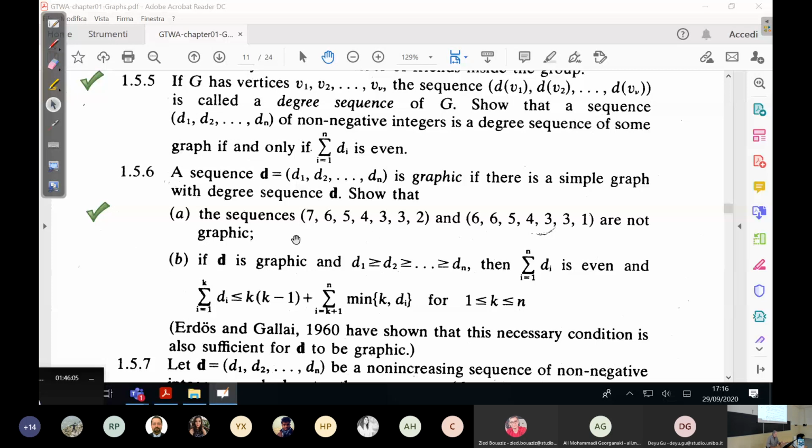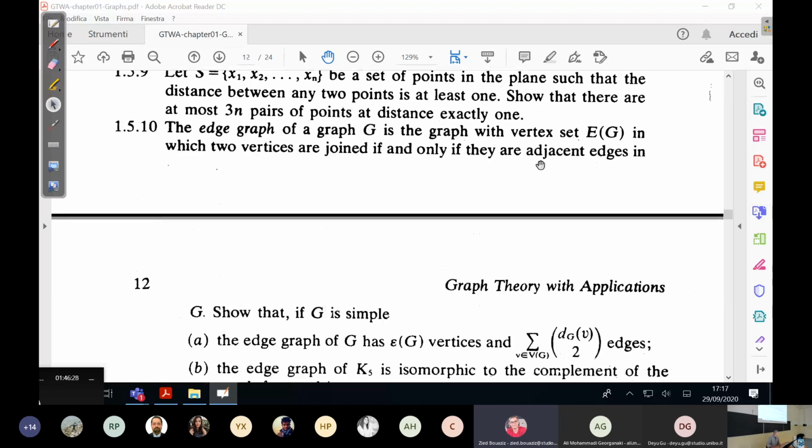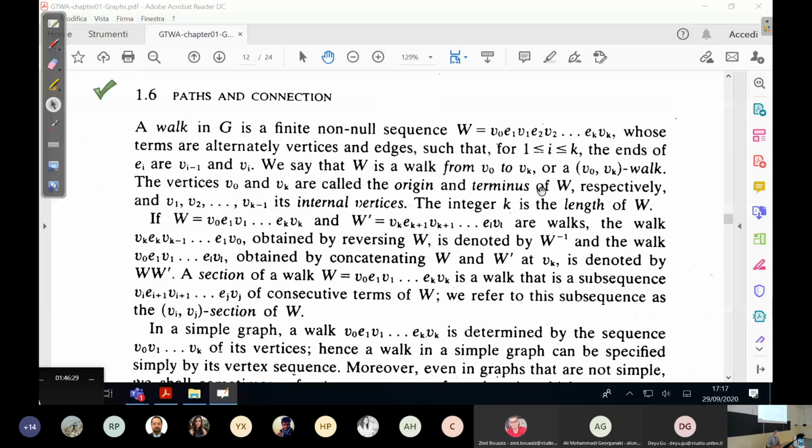As you can see exactly here, these are sequences which respect the condition of even sum, but which do not respect the possibility of being degree sequences for a simple graph. So don't think of simple graphs, okay? And try to solve this in general.